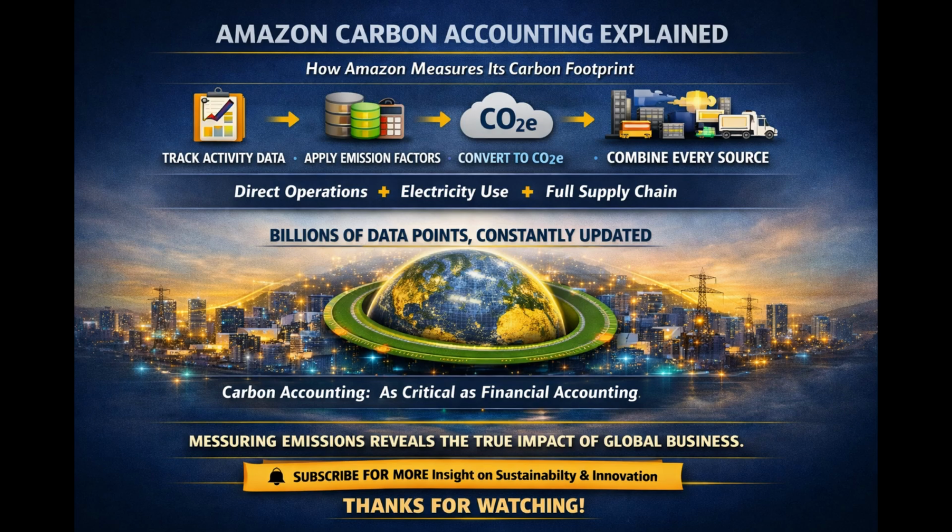The calculations may sound simple, but measuring emissions across one of the world's largest companies requires billions of data points and constant updates. As climate reporting becomes increasingly important, carbon accounting is becoming just as critical to businesses as financial accounting. And whether Amazon ultimately reaches its climate goals or not, understanding how these emissions are measured is the first step towards understanding the true environmental impact of modern commerce.